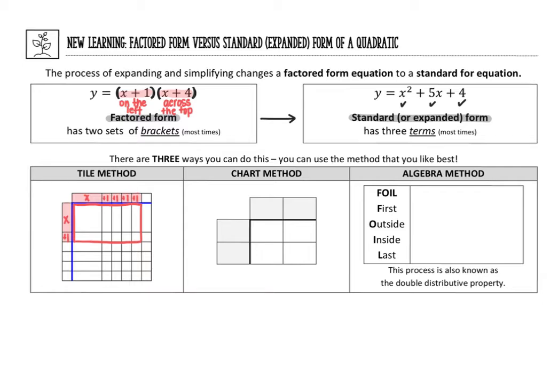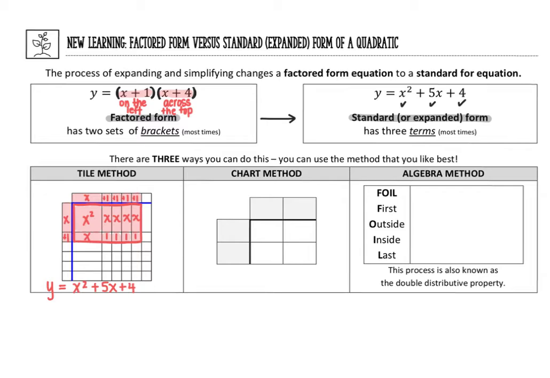So we'll see in there that there's an x squared, there's the 4 x's, and then another x for a total of 5x, and then there are 4 little squares. This gives us a total inventory inside that rectangle of x squared plus 5x plus 4. This is our standard form or expanded form of our original factored form expression.